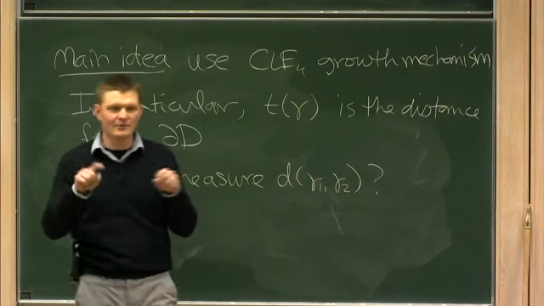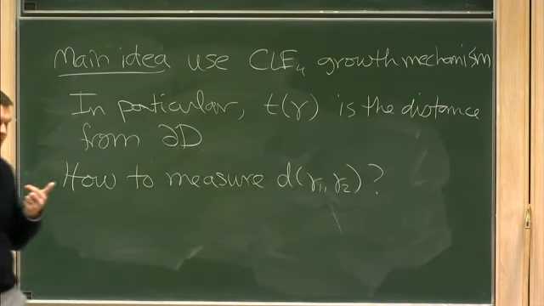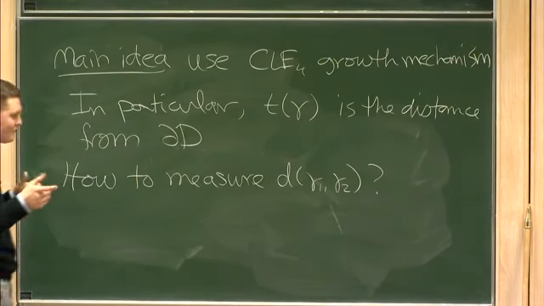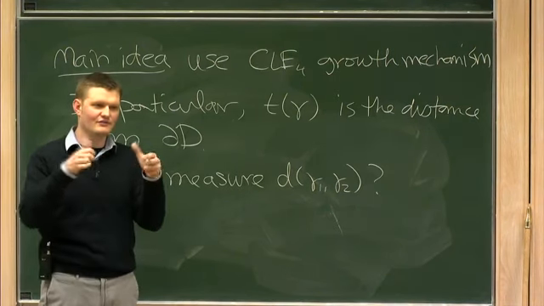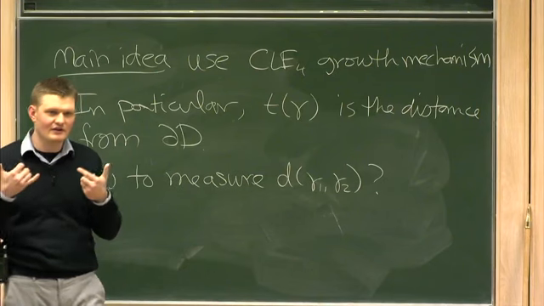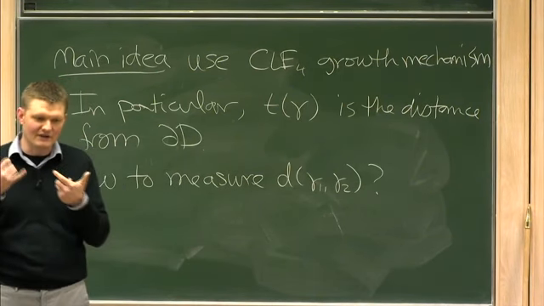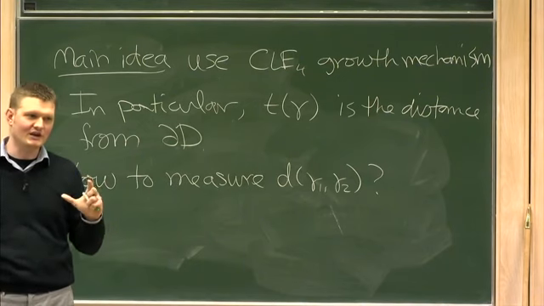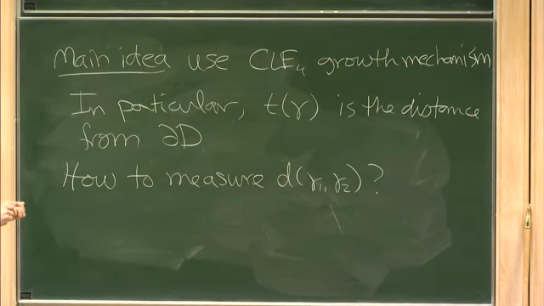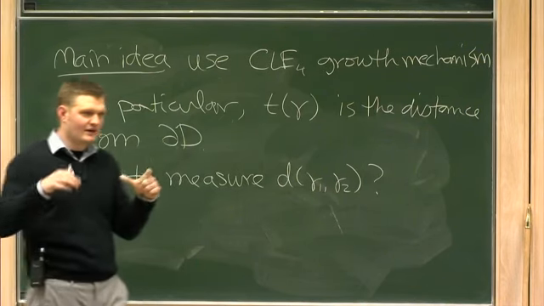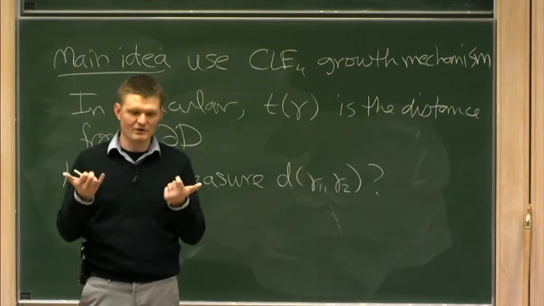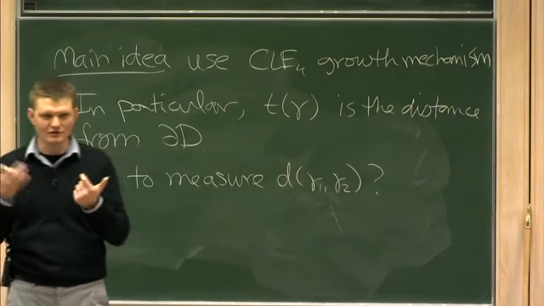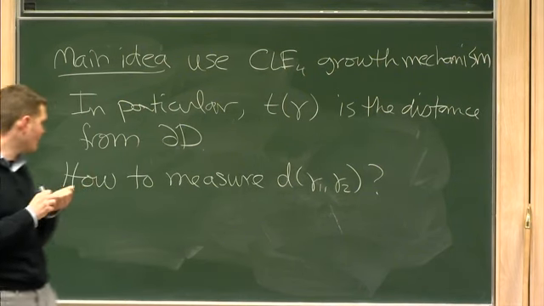And that will flip gamma 1 to the outside. And then if we've done a good job of choosing the outer boundary of the domain, then this inversion will give us something that has the same law as a CLE4. And then we can just do the same thing again. We can explore from the boundary in that picture. So what outer boundary would have the property that when you invert it, you get something that has the same law as what you started with?